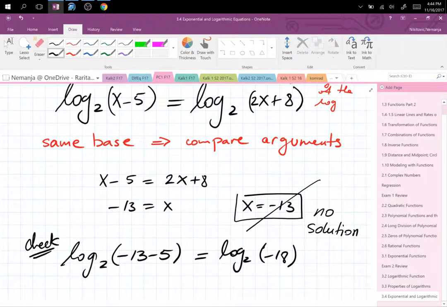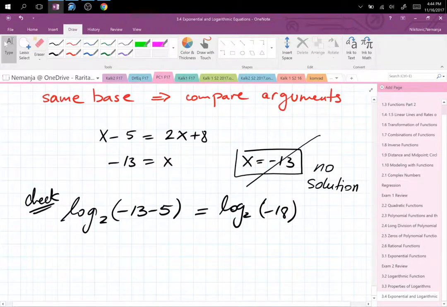So this equation has no solution because the only x we got is no good when we plug it back in, because it produces complex values. So we don't have a solution in the real part of mathematics.